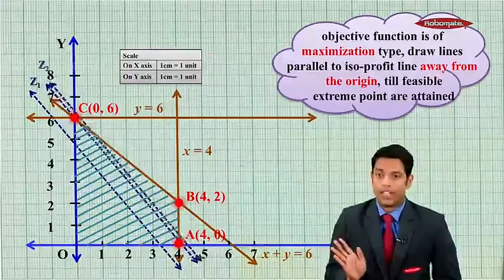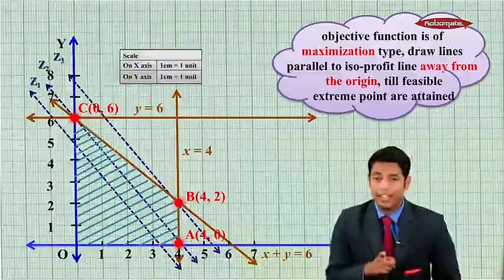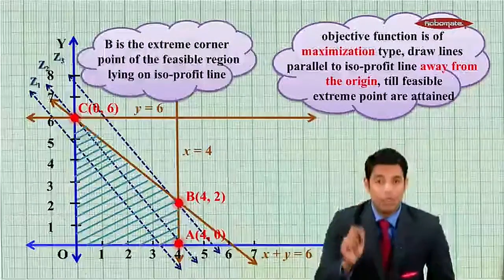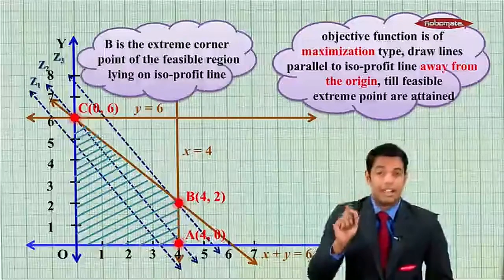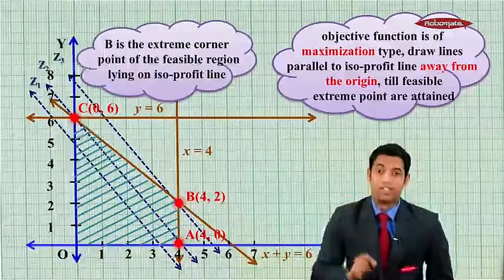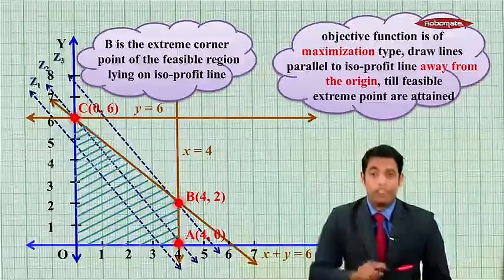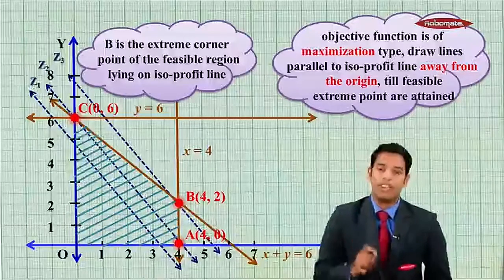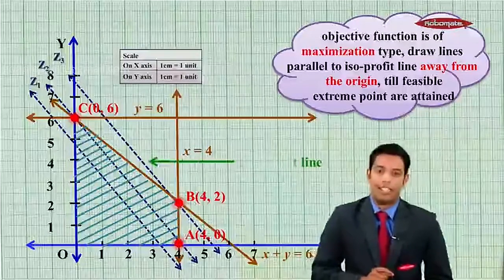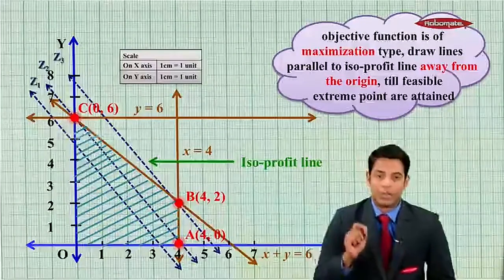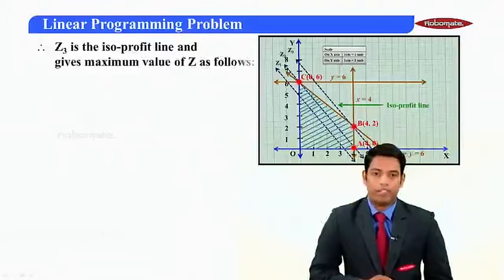So z2 is parallel to this, z3 is parallel to this, and we can see that B is the extreme corner point of the feasible region which lies on our isoprofit line. So B is the required point, and at B we get the maximum value for our objective function, and that is what our solution is.